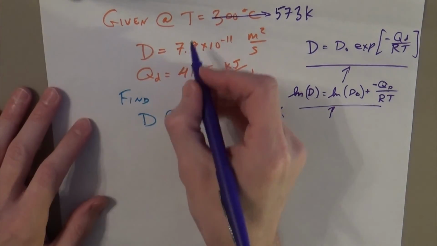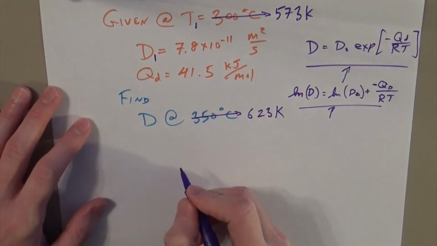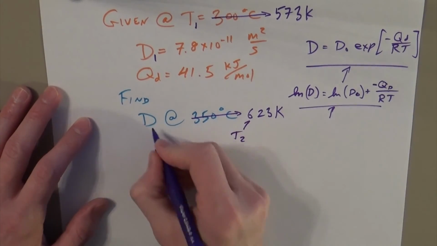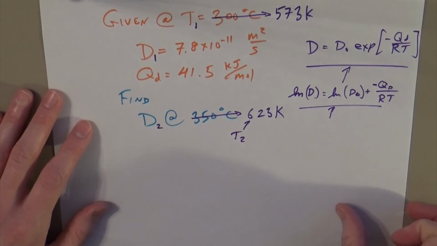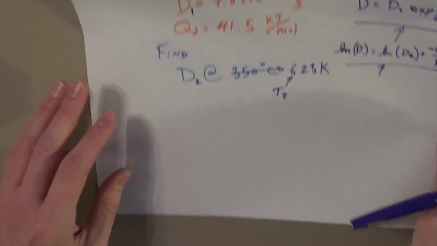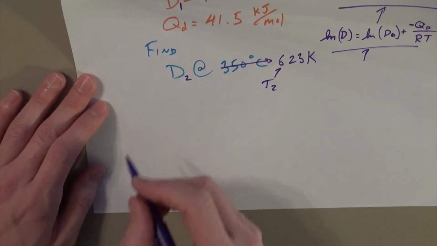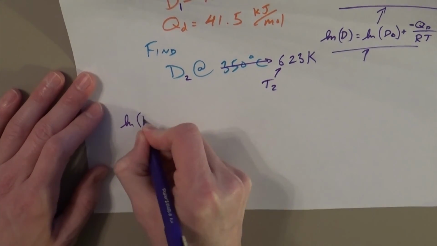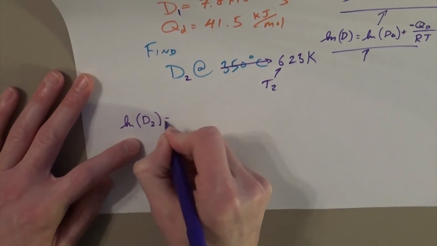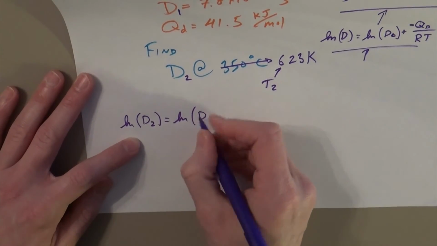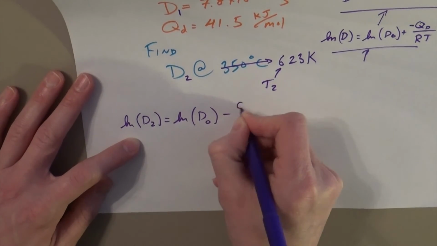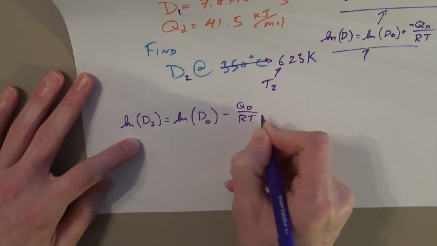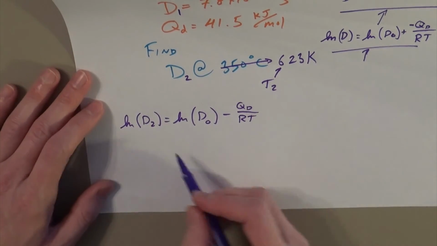Let's call this temperature 1, diffusion coefficient 1, and let's call this temperature 2 and diffusion coefficient 2. So if you have that, then we have two equations. ln D2 is equal to ln D0 minus Q_D over RT2. That's one equation.